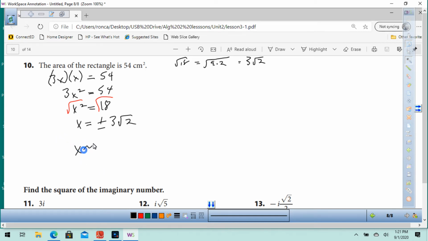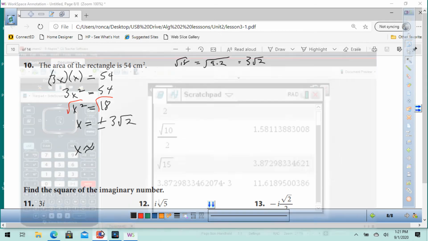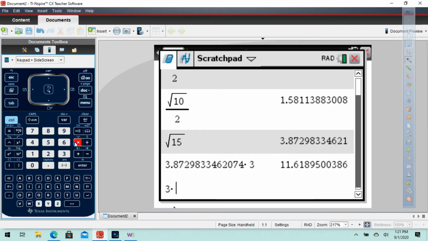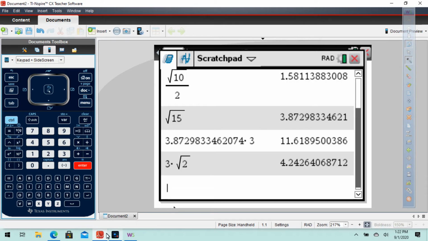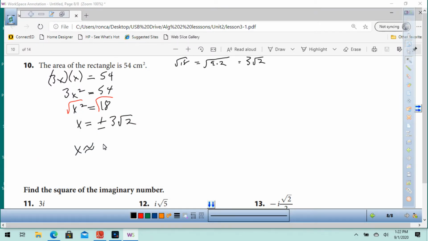So x is approximately, let's go to our calculator, 3 times the square root of 2, and that's 4.24. So we're going to say just 4.2. And that's 4.2 centimeters.